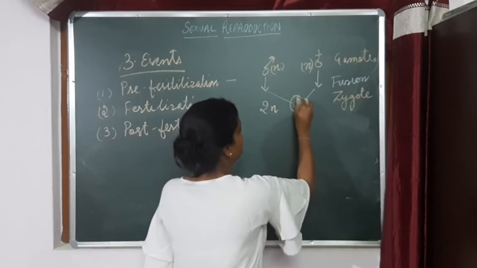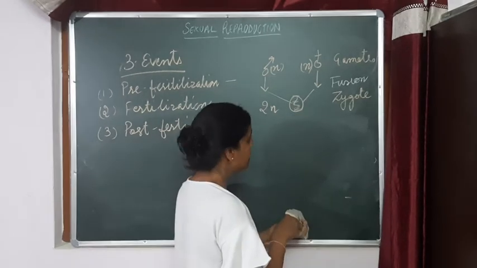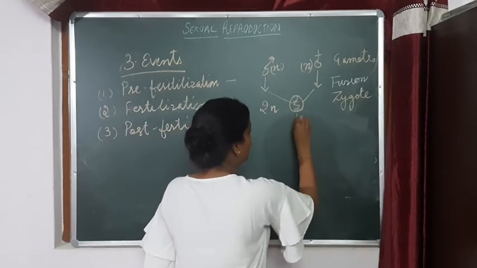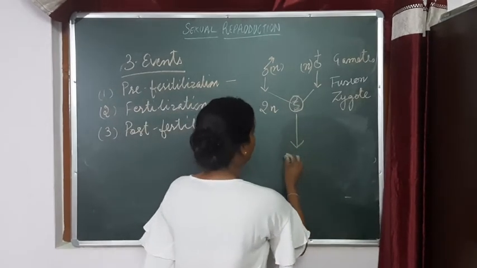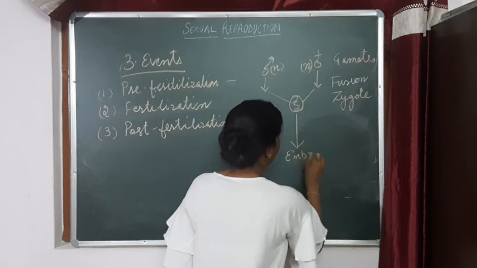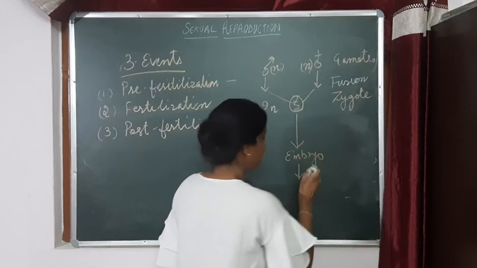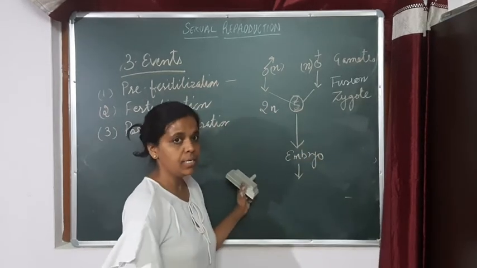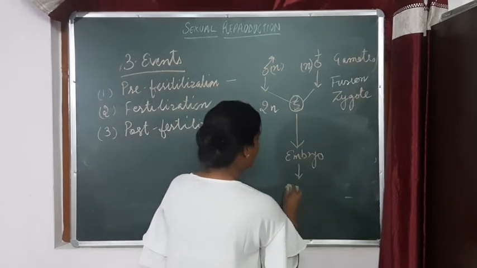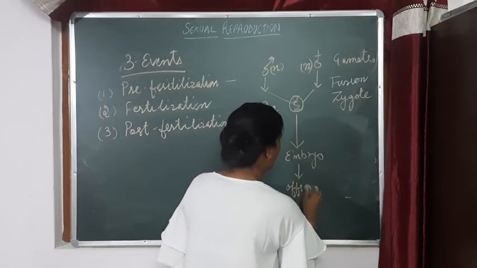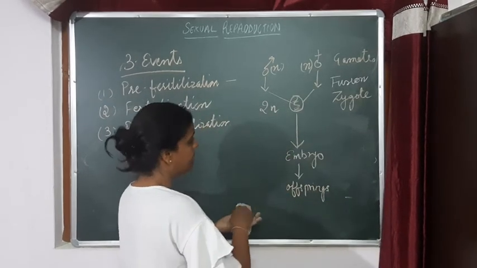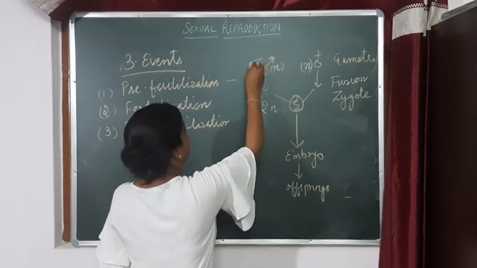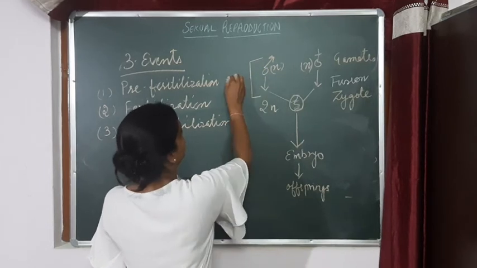After fusion, this zygote is going to undergo so many changes, and it is going to develop into an embryo. And then after a few more cell differentiations and cell divisions, it will give rise to the offspring, right? So this can be categorized. This is called pre-fertilization, where the gametes are formed.